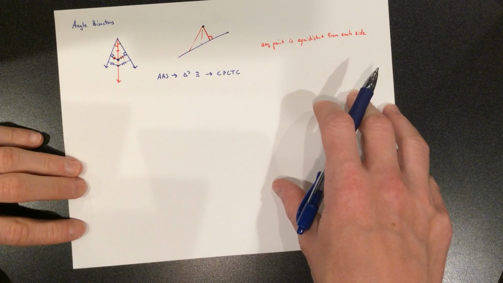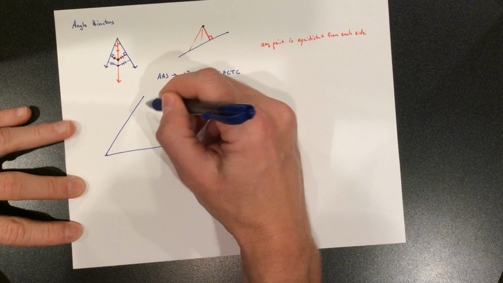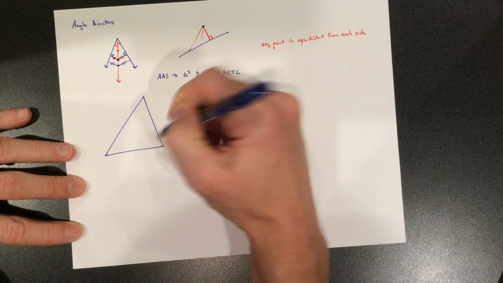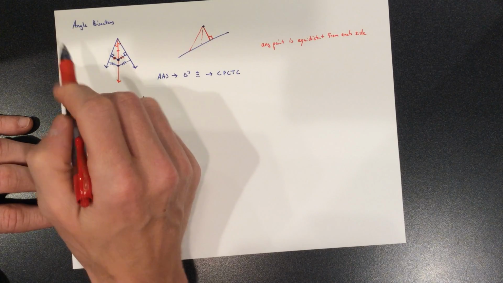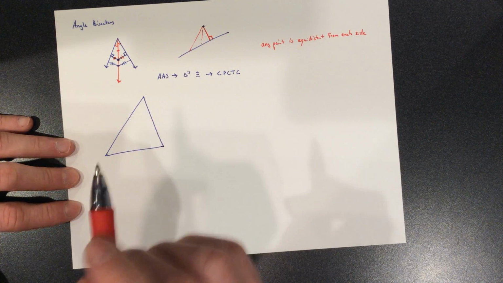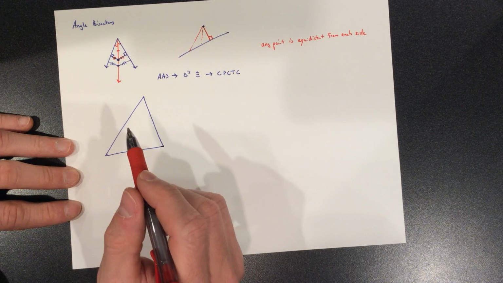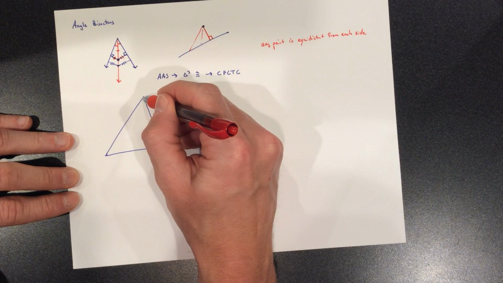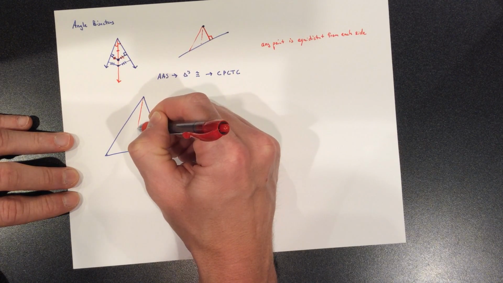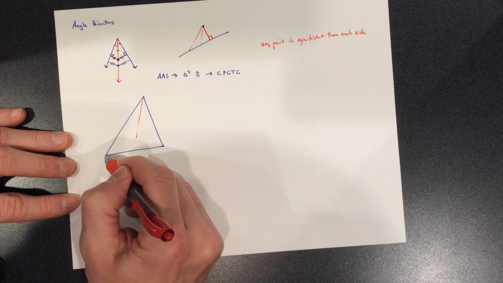So I'm going to draw another sweet triangle. I'm going to draw the three angle bisectors. As a reminder, for the circumcenter, you draw three perpendicular bisectors. Here I'm going to draw three angle bisectors. Take this angle, bisect it, something like that. Take this angle, bisect it.